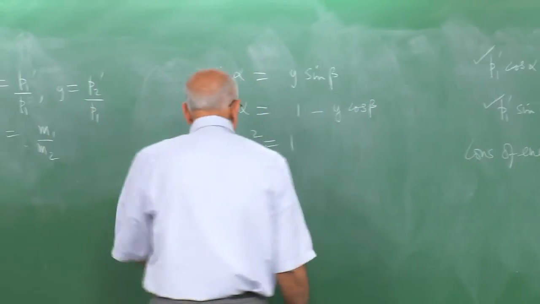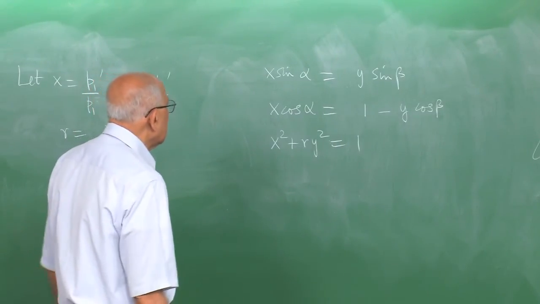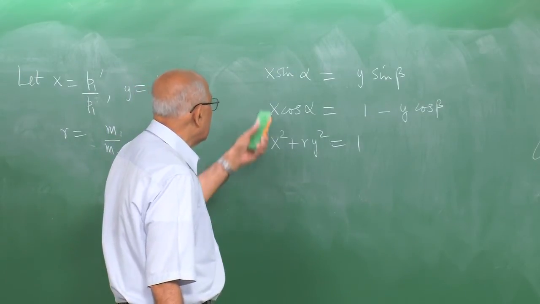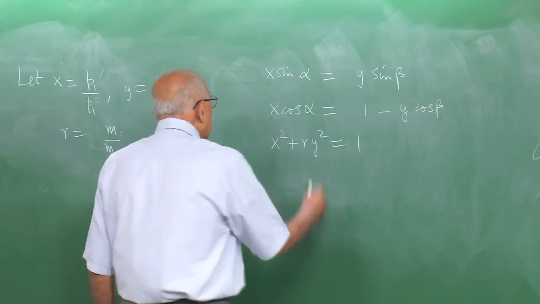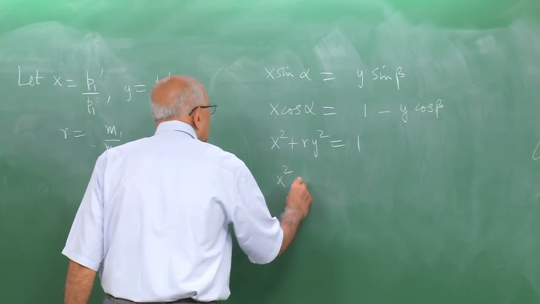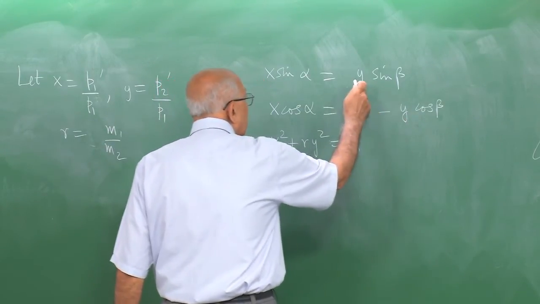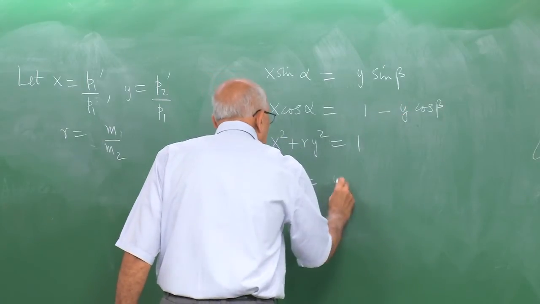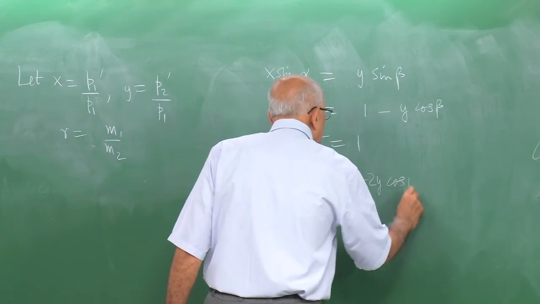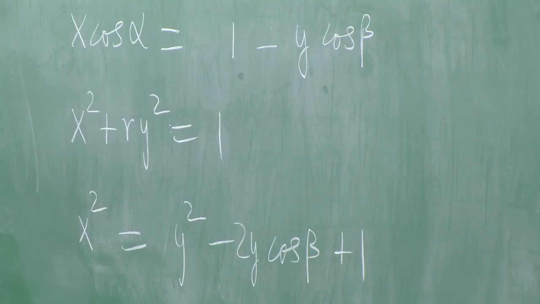Now for the solutions. There are many ways of doing this, but the simplest way is to notice that if I square these two fellows, I immediately get x squared, and on the right hand side I get an equation which will tell you. So let's square these, and it says x squared is equal to the square of this plus the square of this. The square of this will give me y squared straight away minus 2y cos beta plus 1, which is this term here when I square it.